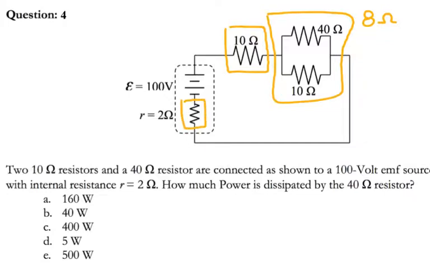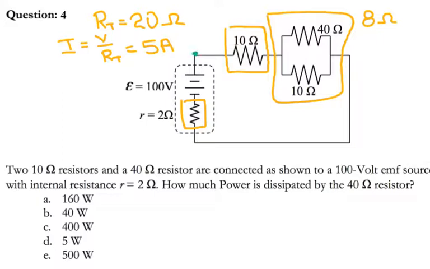So the total resistance in this circuit is 10 plus 8 plus 2, which gives me 20 ohm. Then I can calculate the current, which is the total voltage in the circuit, which is 100, divided by the total resistance. That will give me 5 amps.